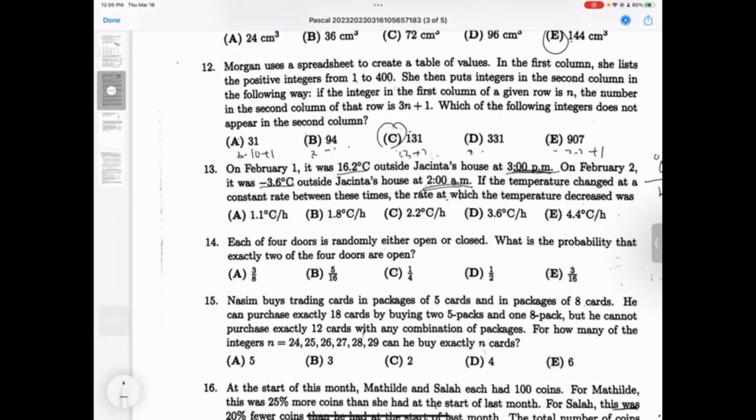And so this is 16.2 minus negative 3.6 degrees over 11.